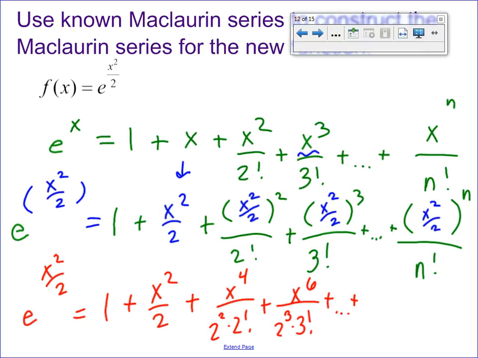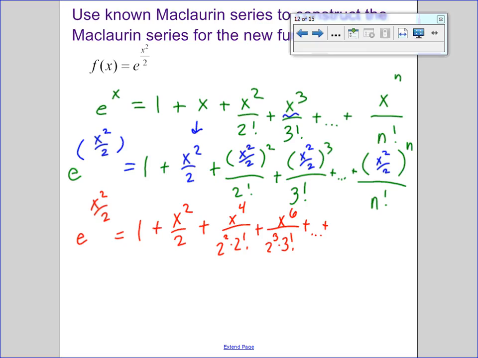This would be x to the, what? 2n over 2 to the n times n factorial.